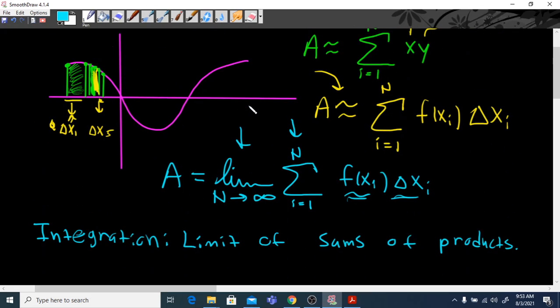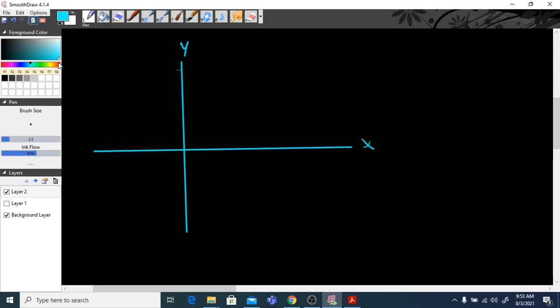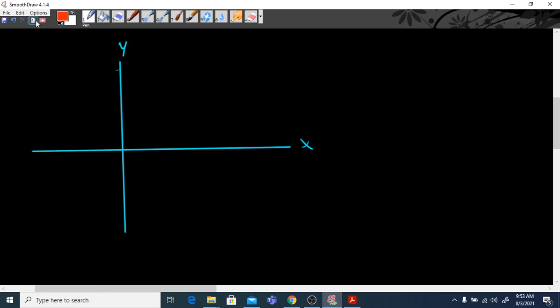Let me come down here and make a graphical guy. So here's my XY grid. Anytime I calculate an area with an integral, there's always a starting and ending spot.